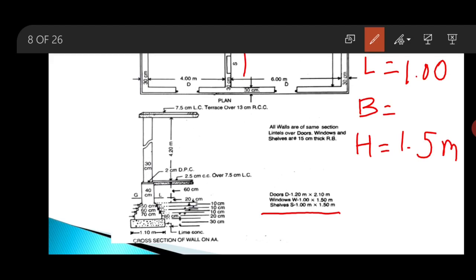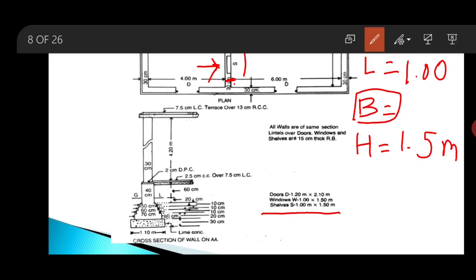What about the breadth of the shelf opening? Mark here, the opening made for the shelf is not covering the entire 30 centimeter width.